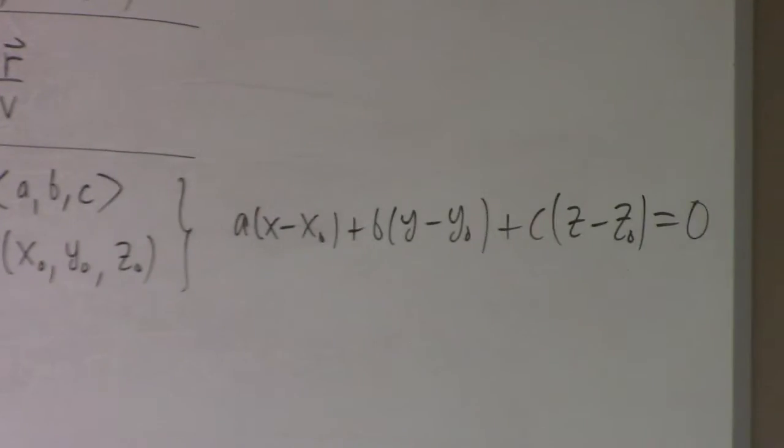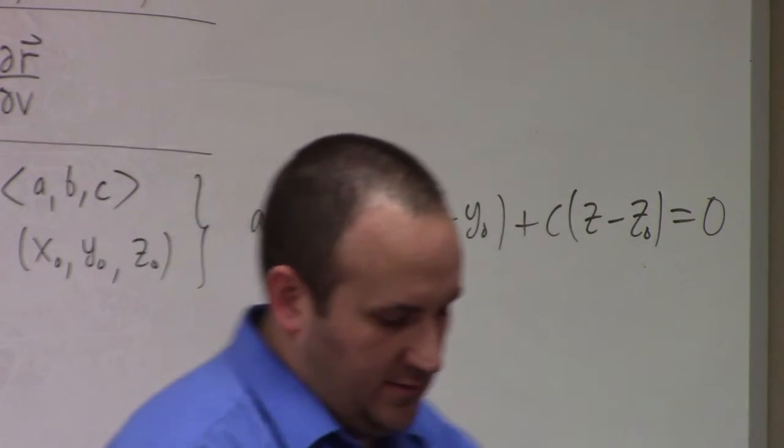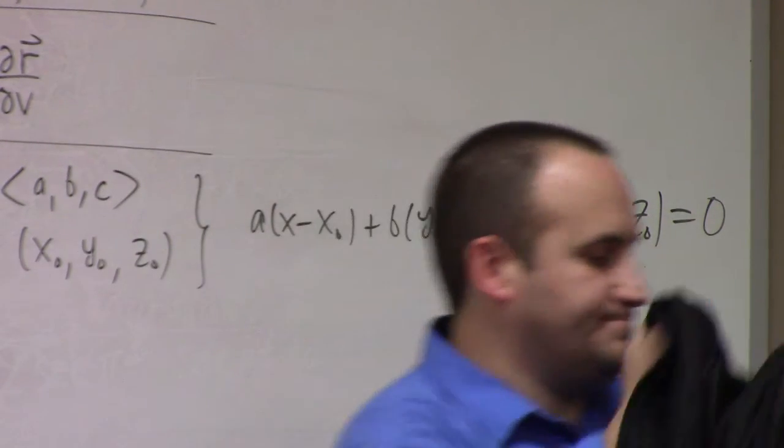All I'm saying is once you have the normal, you go back to what we did the first or second week, and you use the normal for the coefficients of x, y, and z respectively, and take the difference with the base point that you have on the plane. Now the base point in these different viewpoints is either a solution to the level surface equation, a point on the graph, or something that comes out of the parameterization of the surface. We have these three different viewpoints of how to understand what a surface is geometrically.